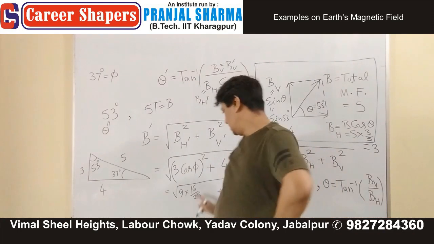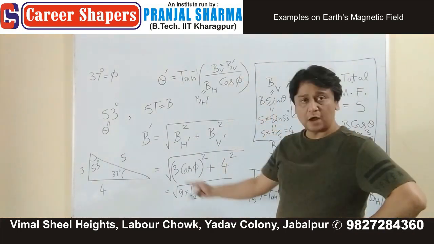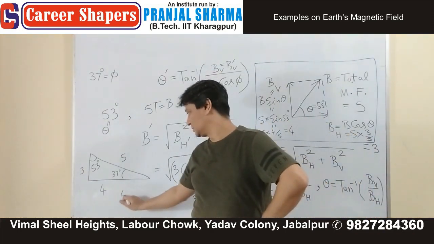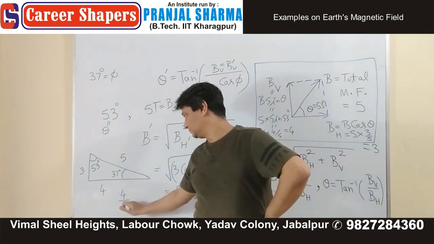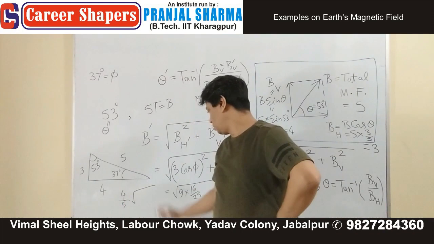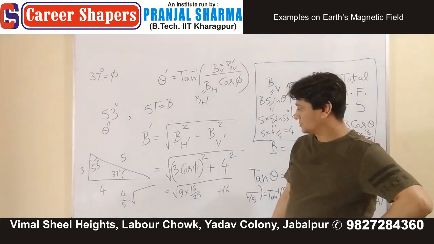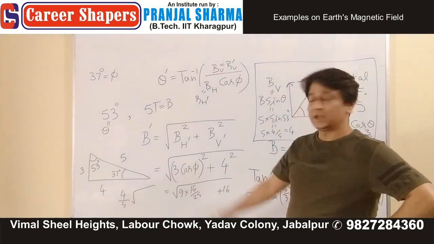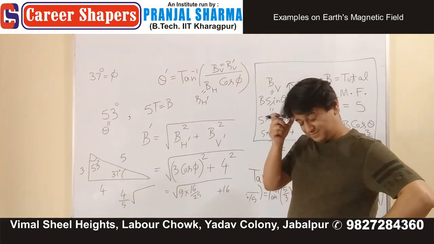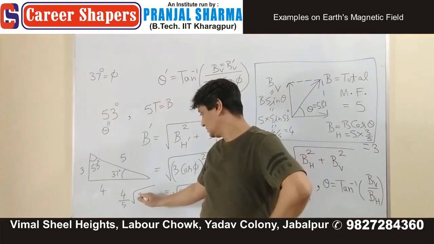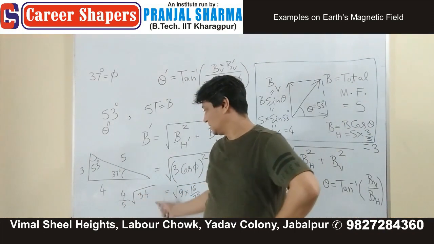Take 16 out, which is 4. Take 25 out, which is 5. Root over 25 plus 9 times 16 over 25, which is root 34 over 5. That's the answer.